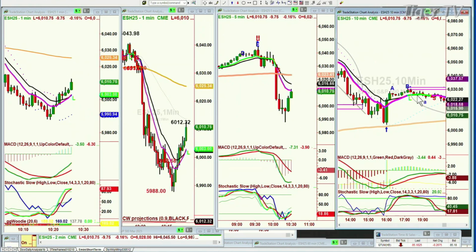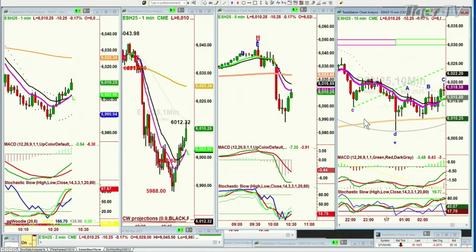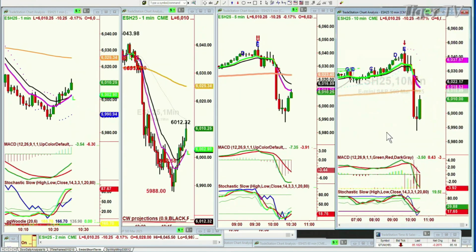So that's an area of resistance. How does that coincide with the 200-period moving average of the 10-minute chart? It doesn't. This is way down to 615. So I look at those and I say those are the resistance levels: 615, 623, 6,015, 6,023, 6,025, and just make it as simple as possible.